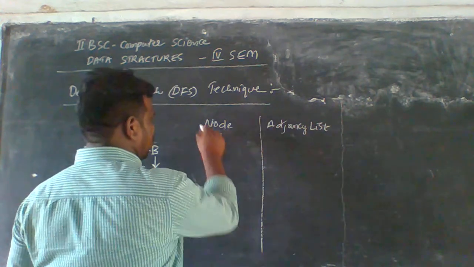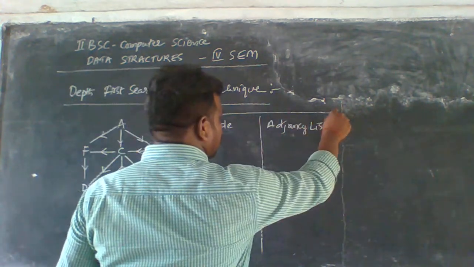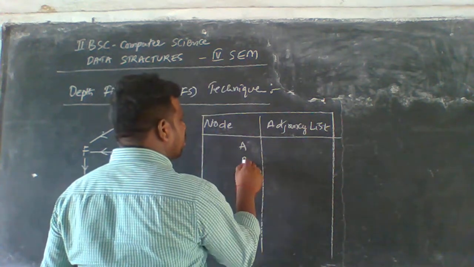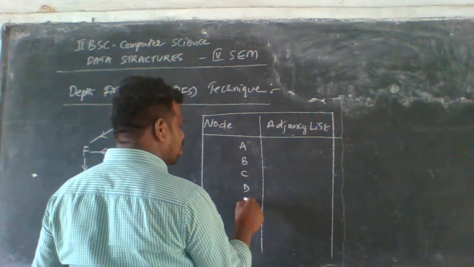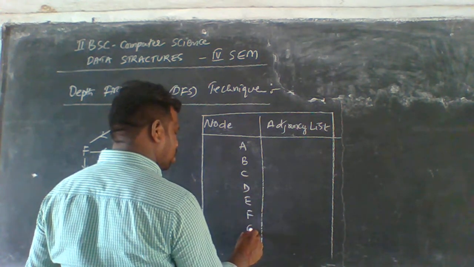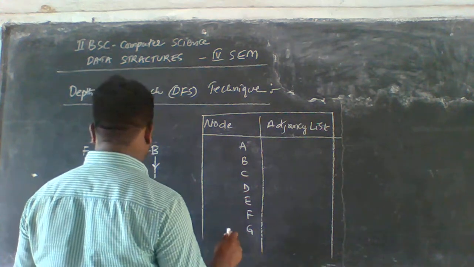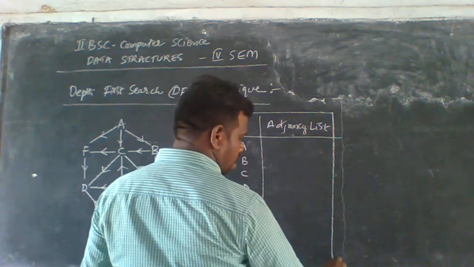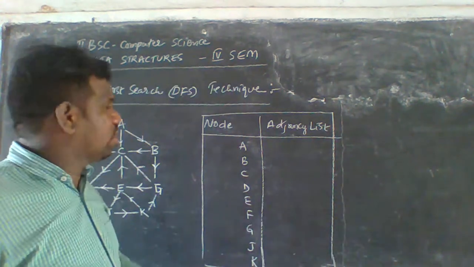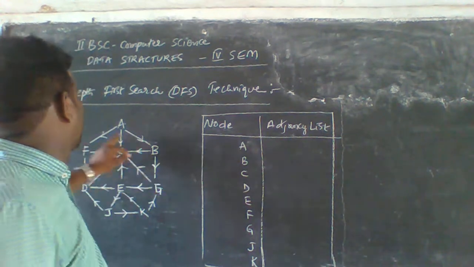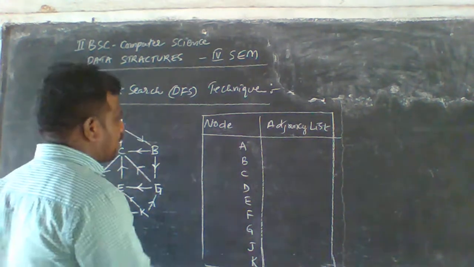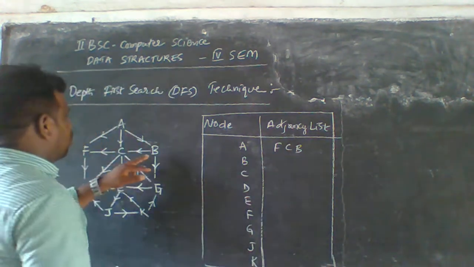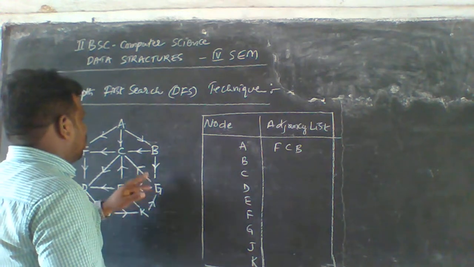The nodes are A, B, C, D, E, F, G, next J, K. We have to check the adjacency list. A has the directions F, C, B, and B has the directions only G and C here.